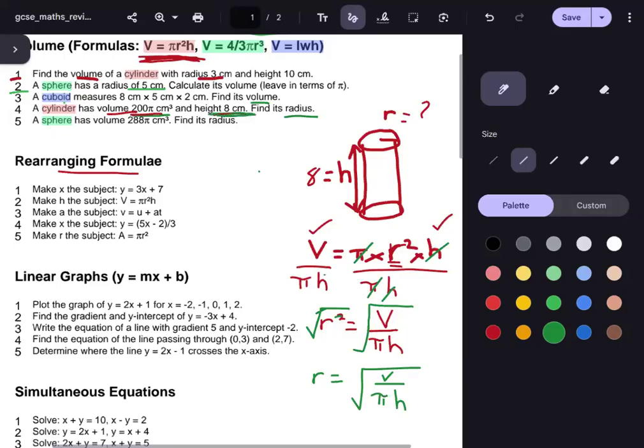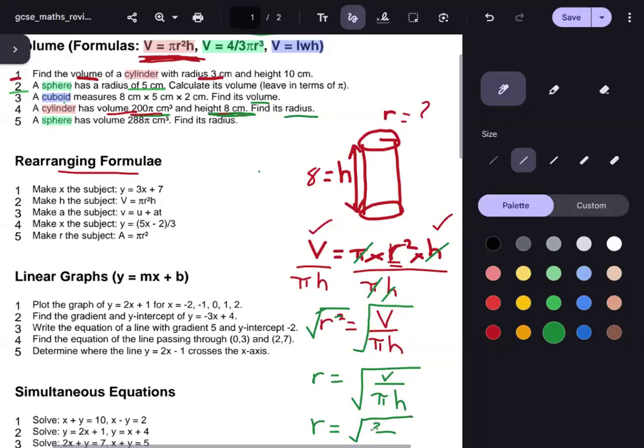So you can put this into your calculator. And v is 200 pi. In your calculator, you're going to do the square root sign first, then use the fraction sign to put a fraction in the square root.